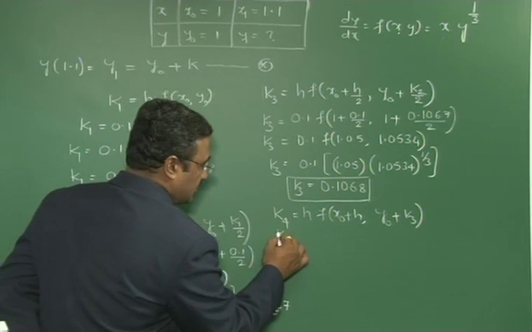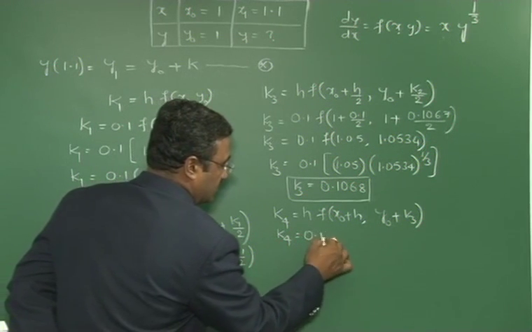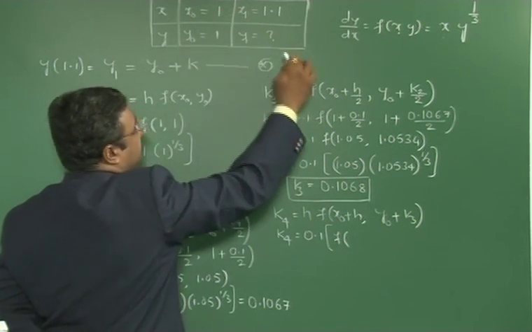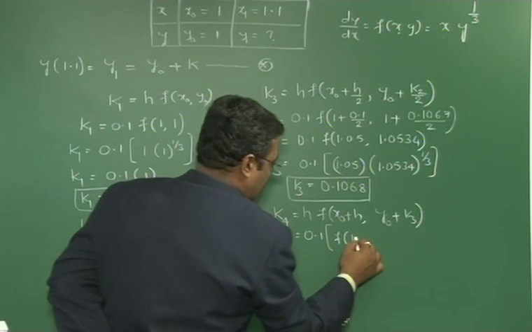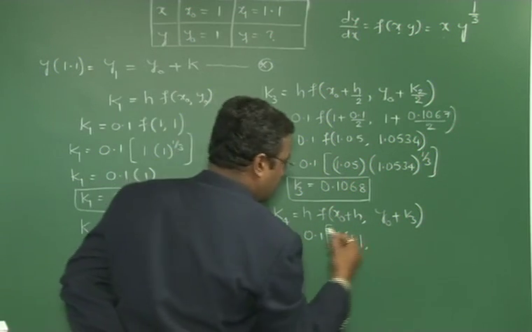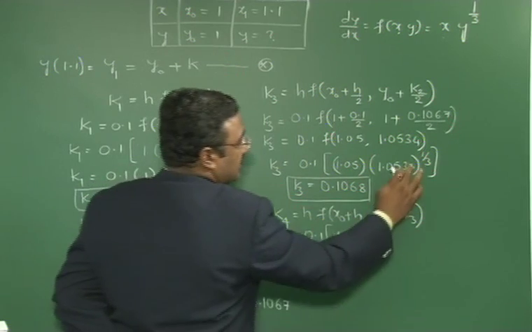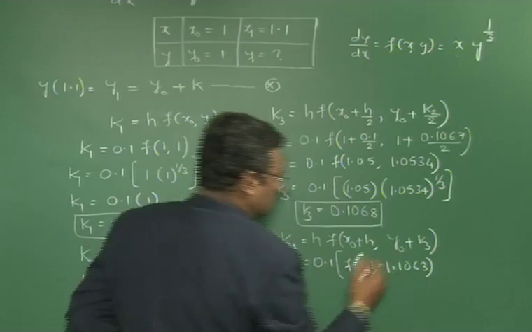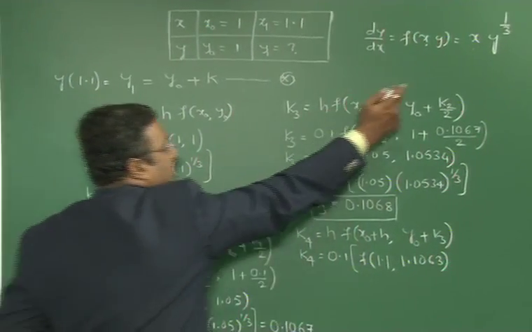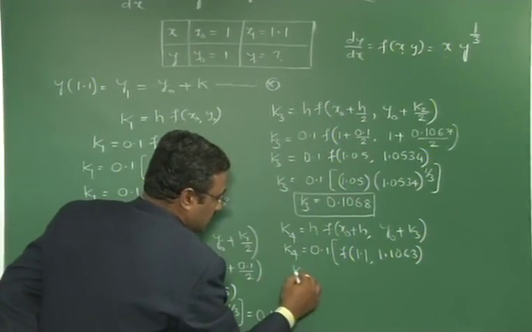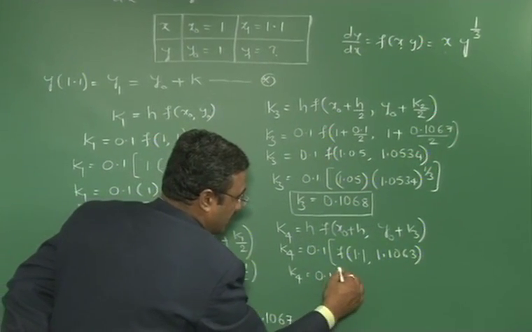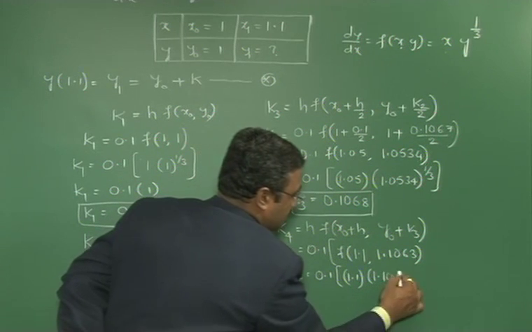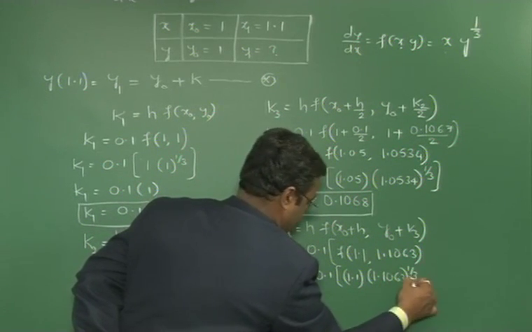Now substitute the corresponding values here. h is again 0.1, x naught is 1, plus h, this becomes 1.1, comma y naught is 1 plus k3 value, 1.1068. Now substitute this in the given equation: k4 equal to 0.1 into 1.1 times 1.1068 all to the power of 1 by 3.